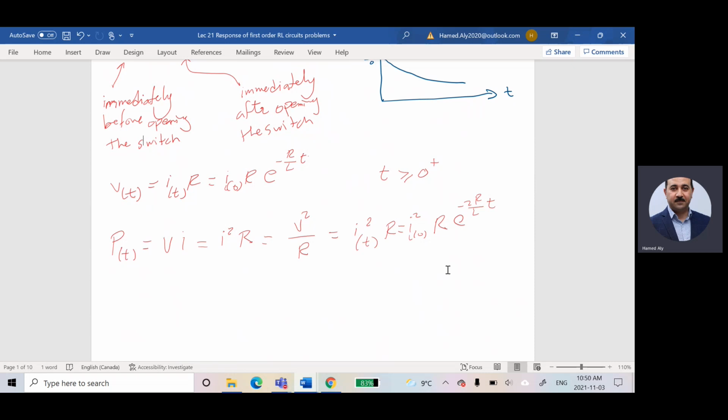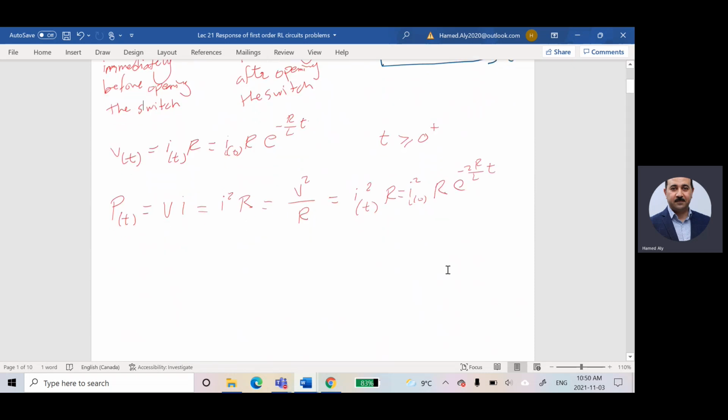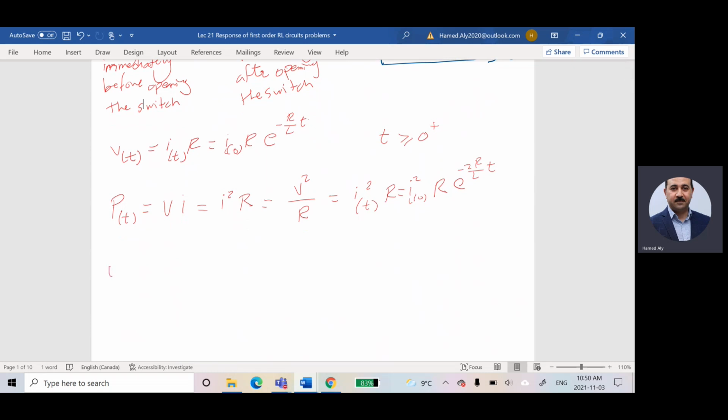What about the energy? If you would like to calculate the energy, W, the energy is equal to the integral of P of t dt, from 0 up to t.